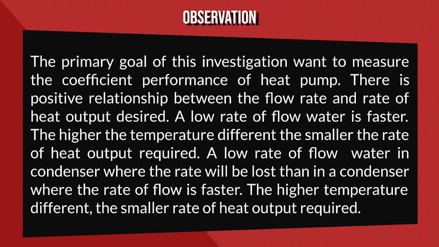The higher the temperature difference, the smaller the rate of heat output required. A low rate of flow of water in the condenser, where the heat will be lost, is slower than in a condenser where the rate of flow is faster. The higher the temperature difference, the smaller the rate of heat output required.